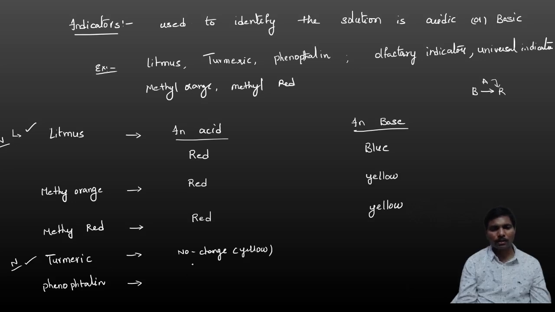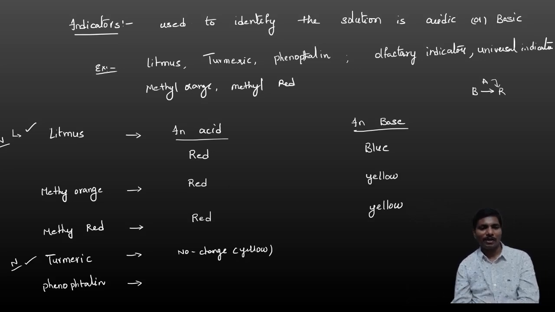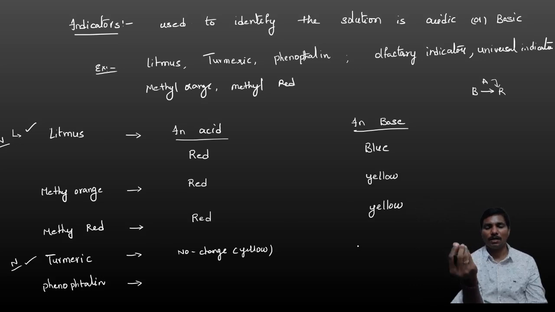Turmeric is yellow, so it stays yellow. Example, lemon rice. In lemon rice, lemon is acidic in nature, so we add some turmeric and there is no change. But in case of base, if you add some lime powder to the turmeric, it becomes red.